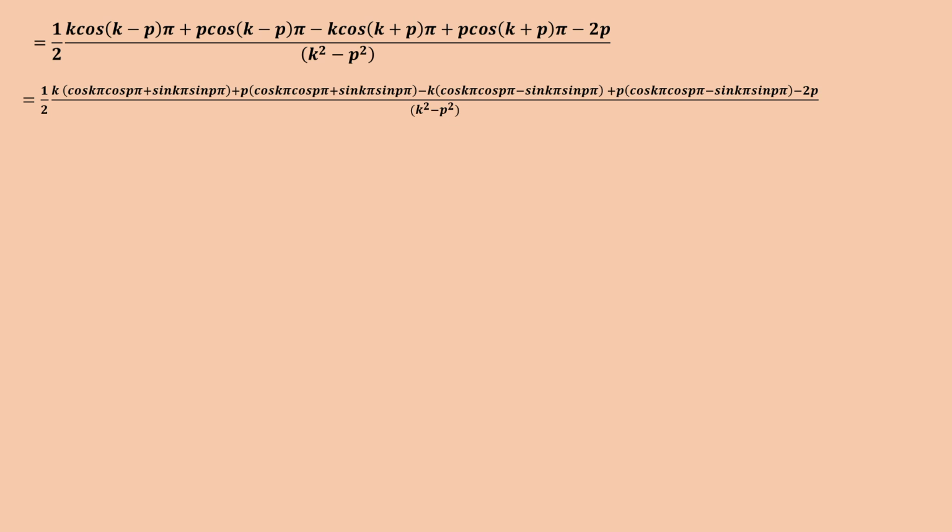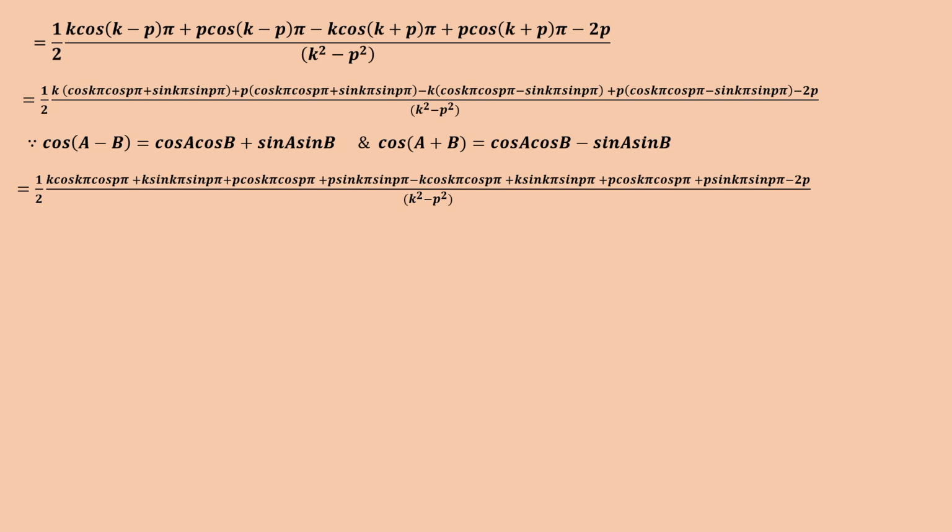So minus k into [cos k pi cos p pi minus sin k pi sin p pi] plus p into [cos(a plus b) formula, cos k pi cos p pi minus sin k pi sin p pi], minus 2p, by (k plus p)(k minus p), that is k square minus p square, right?